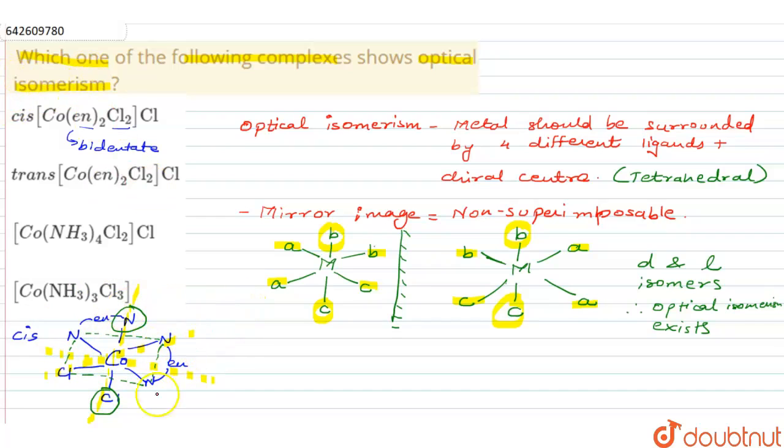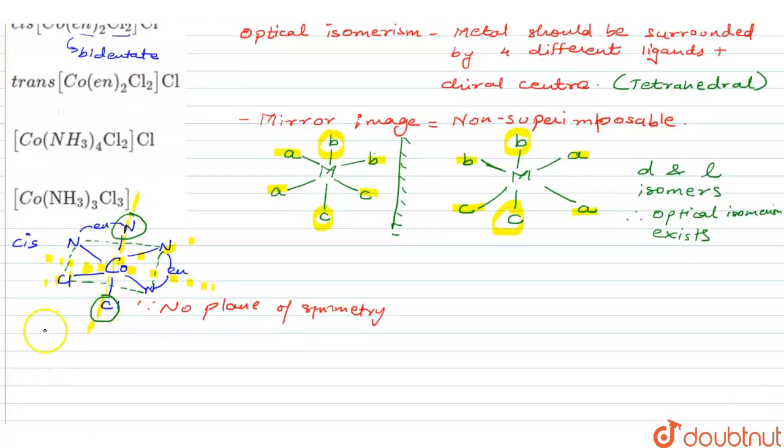In short, since there is no plane of symmetry, we can definitely say that optical isomerism can exist. Yes, optical isomerism will exist.